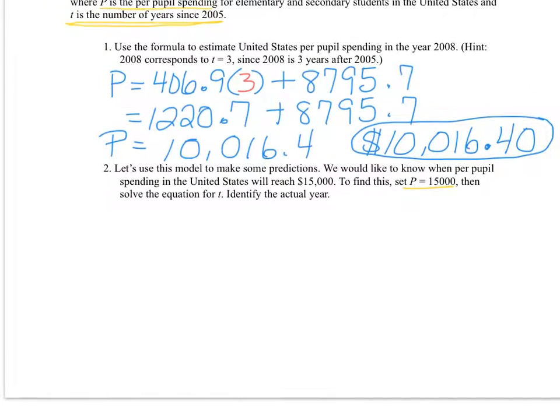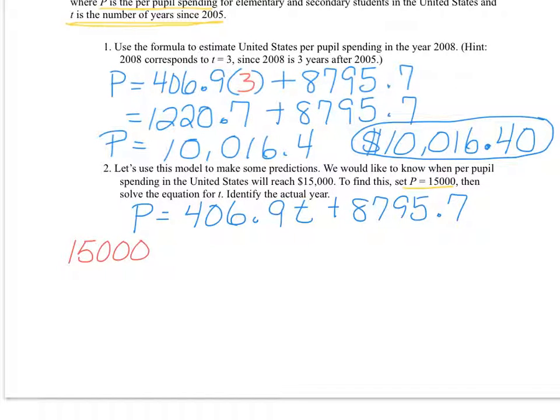Right, so we have P equals 406.9 T plus 8,795.7. That's our original question. They're telling us to put 15,000 where P is, so that's what I'm going to do.